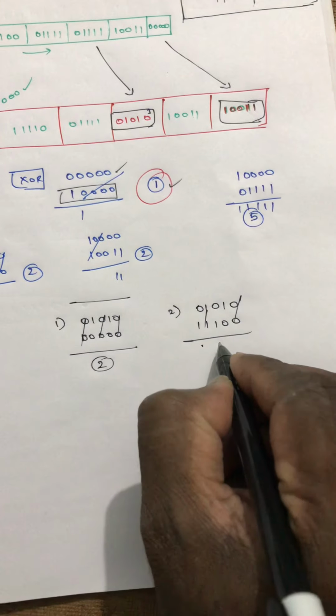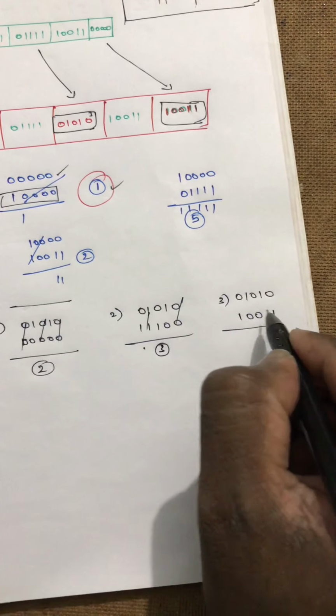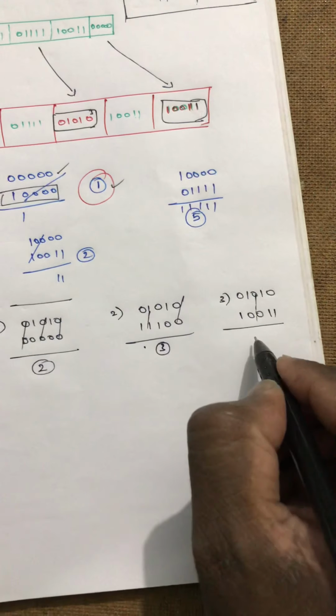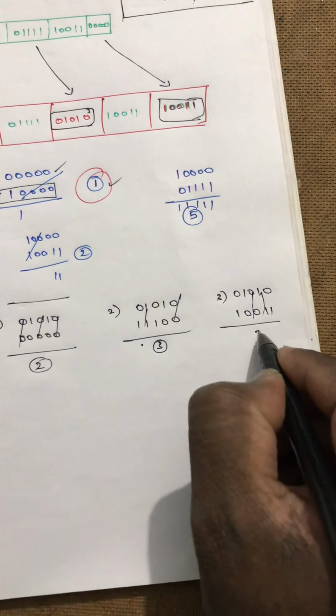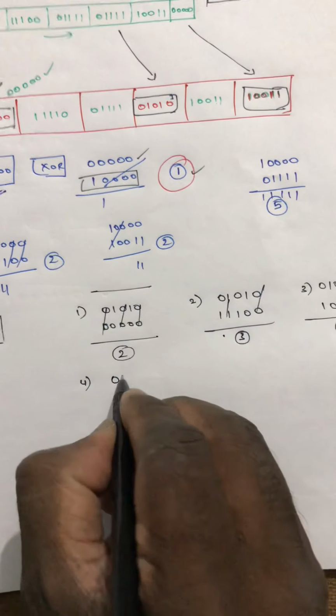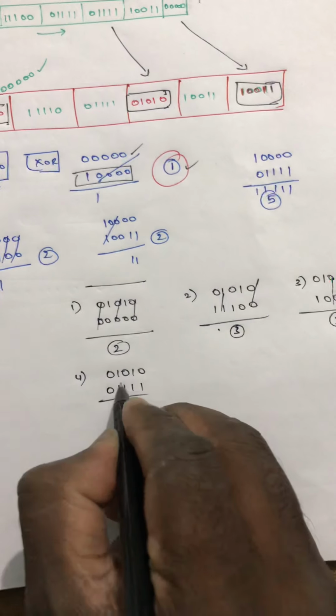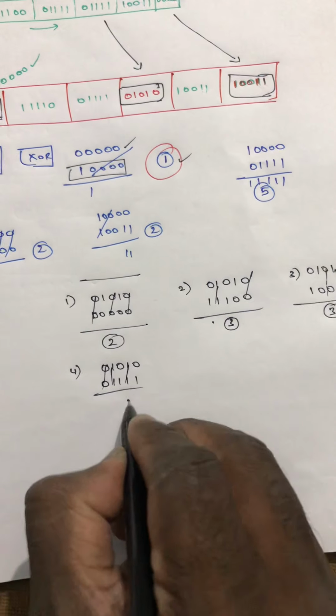We'll get 3 ones, difference 3. Third one, 0 1 0 1 0, we are performing with 10011. You can check, this is gone and this is gone. We'll get 3. The fourth one, where 0 1 0 1 0, when you perform the same with all ones, this is gone, this is gone, this is gone, you'll get 2.